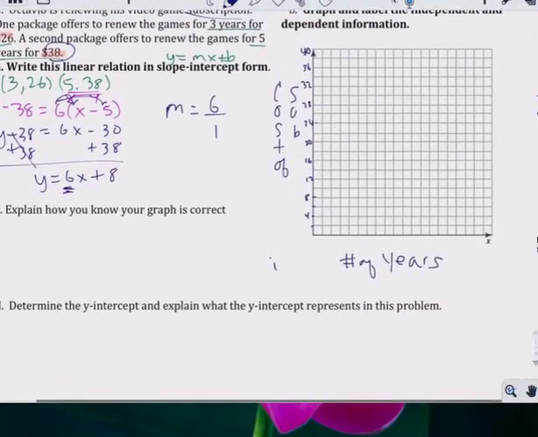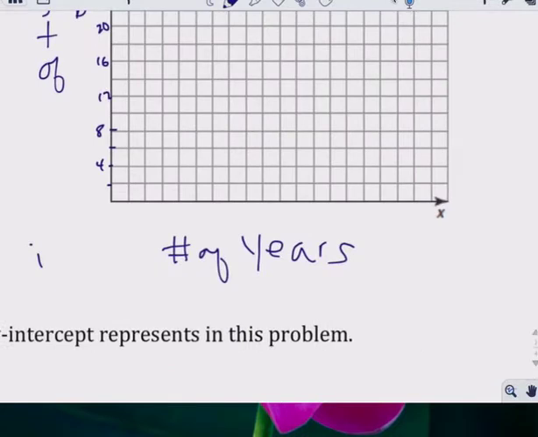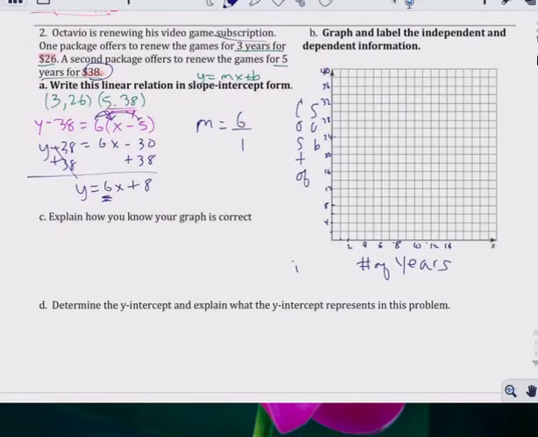Number of years I'm going to do by 1 because my largest year here so far is 5. 1, 2, 3, 4, 5, 6, 7, 8, 9, 10, 11, 12, 13, 14. We'll stop there. Okay, graph it.